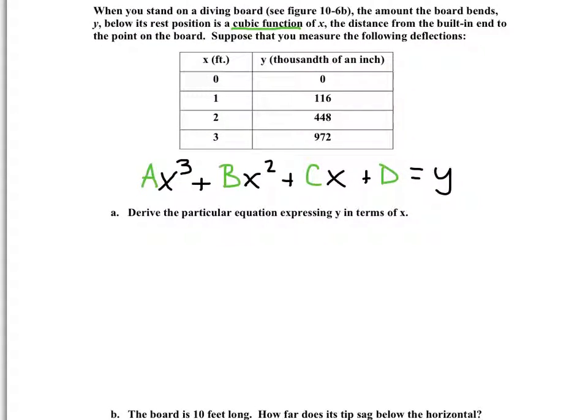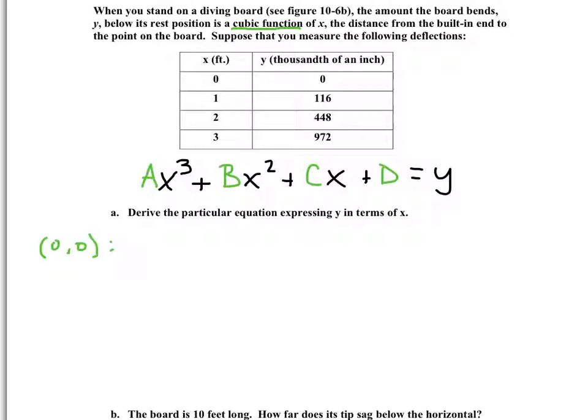How do you suppose we are going to derive the particular equation? We're given a bunch of sets of ordered pairs: 0, 0; 1, 116; 2, 448; 3, 972. What do you think? We're going to have to set up a system, your favorite thing. We use these ordered pairs, starting with 0, 0. When we plug 0 in for x, how many a's do we get?